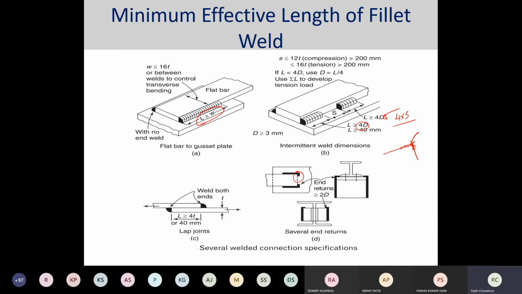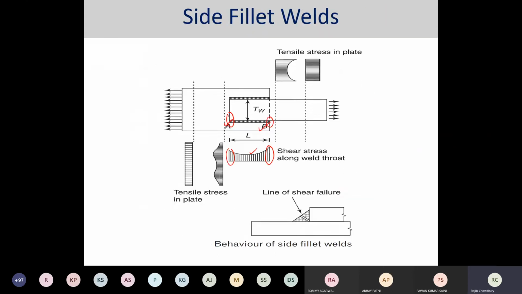It should always be greater than the width of the plate. Again, by referring to the previous figure, we can say that the uneven stress distribution increases as the width of the plate increases. That you can easily see.